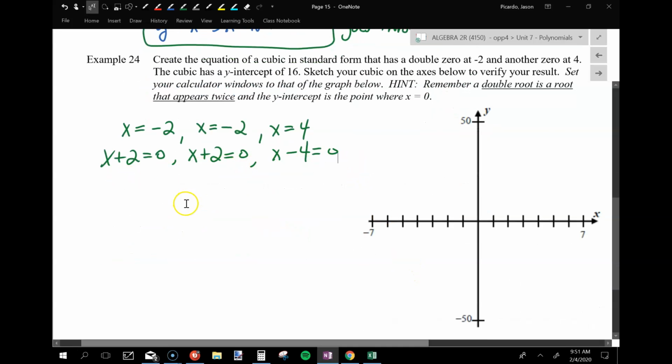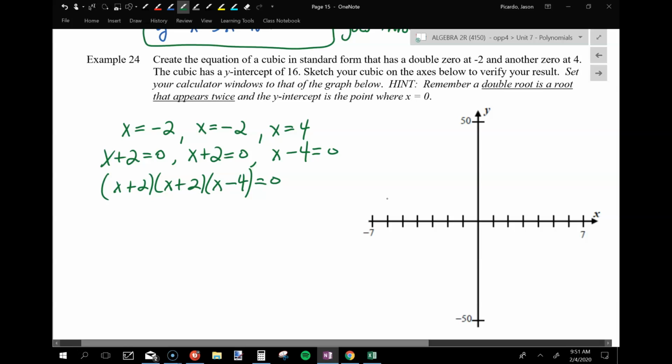That makes sense because 3 factors will give me a cubic, won't it? So I have x plus 2 times x plus 2 times x minus 4. All right, I'll save you the trouble. This is going to give me x squared plus 4x plus 4.